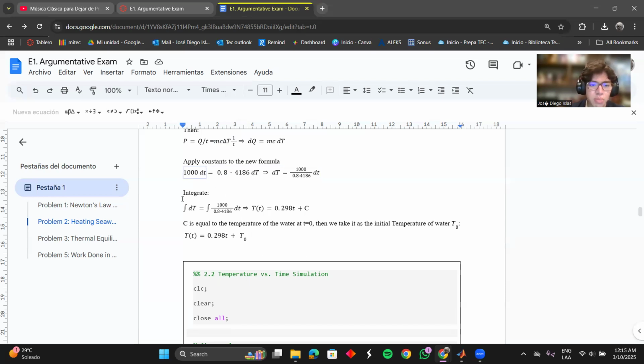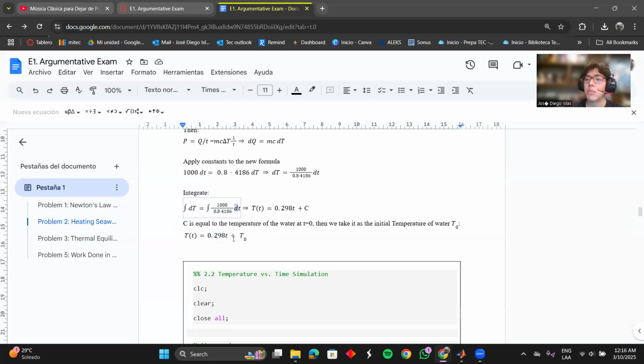So we just simply integrate because this is actually pretty simple. The integration of dT is just this, and we have this constant, so we take it out, which is this number right here, and the integration of dt is just time.